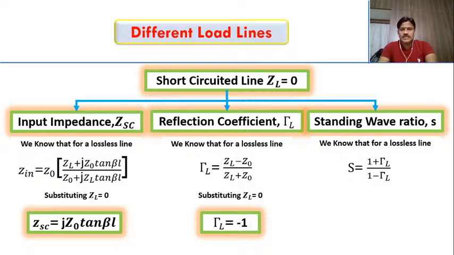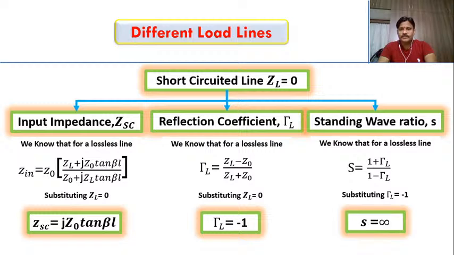Substitute gamma L as minus 1 in both numerator and denominator, then you get S equals infinity. So for a short circuited line, input impedance ZSC is j Z0 tan beta L, gamma L equals minus 1, and standing wave ratio S equals infinity.